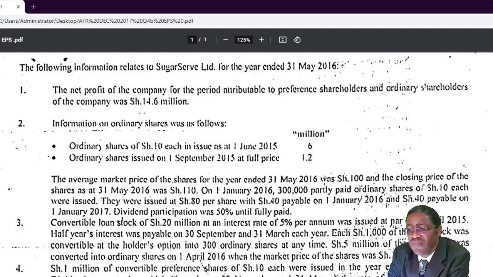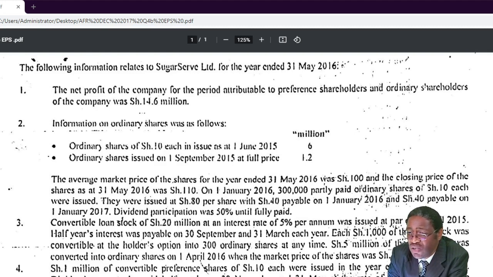Then it goes on to say the average market price for the shares for the year ended 31st of May 2016 was 100 shillings. And the closing price of the shares as at 31st of May 2016 was 110. On 1st January 2016, 300,000 partly paid ordinary shares of shillings 10 were issued.